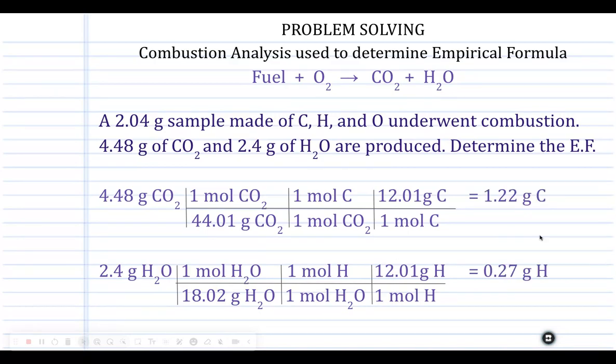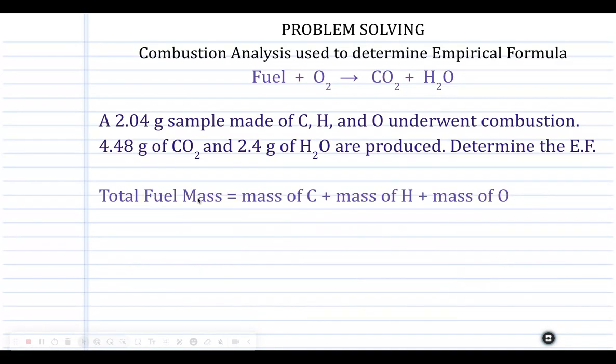So when I do this math with the correct number, I'm going to get 1.22 grams of carbon and 0.02 grams of hydrogen. If I made this much carbon dioxide, all of this carbon came from this fuel, and that's how much it was. If I made this much hydrogen, all of that hydrogen came from this hydrocarbon, and that's how much it was.